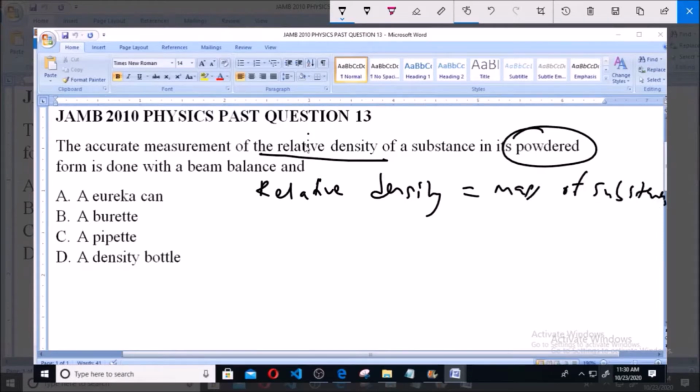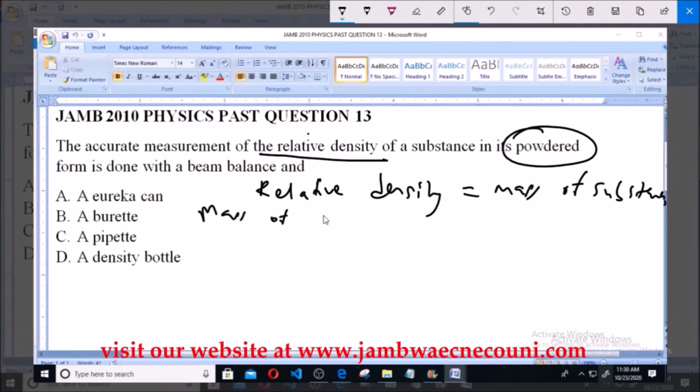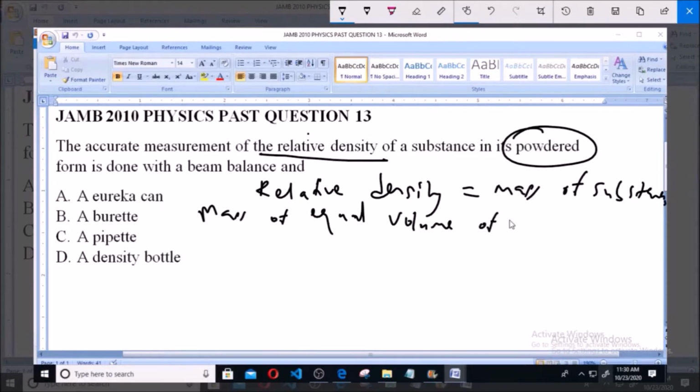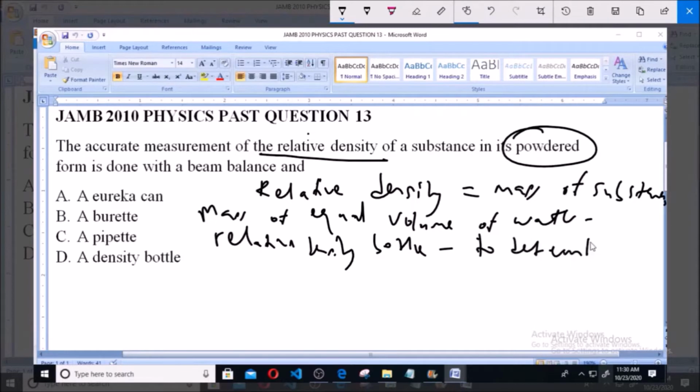So in order to carry out measurement of relative density, you take the mass of an equal volume of water in the relative density bottle, and you use it to determine the mass of the powdered substance.